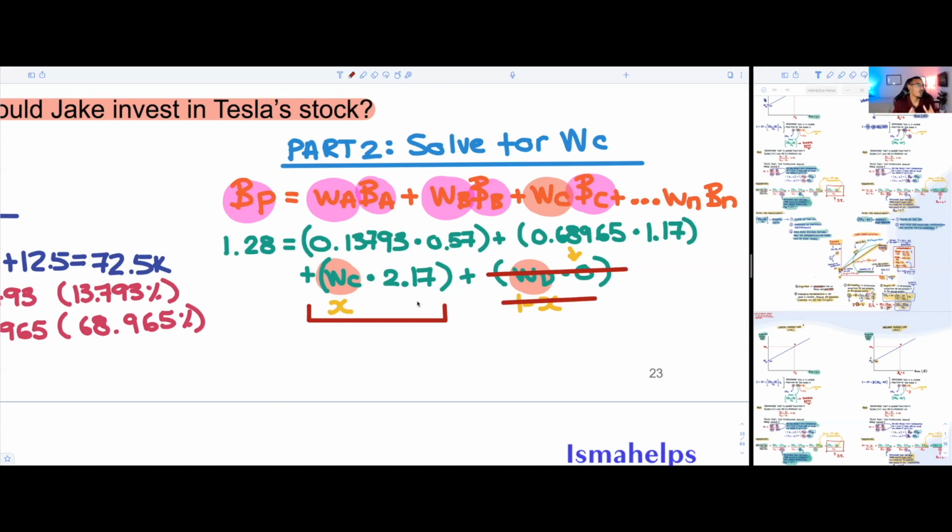So by definition, if you find what we invested into Tesla, you will find what we'll need to invest in the risk-free rate and vice versa. And also, because the risk-free rate has a beta of 0, we literally don't even care about that portion of our calculation because it won't matter.